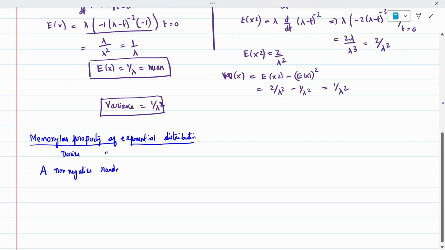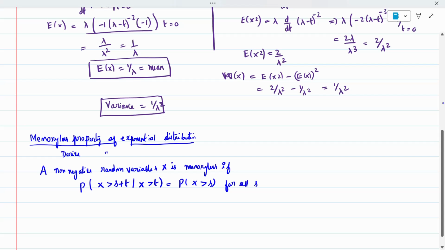So it is applicable only for a non-negative random variable; a negative variable we cannot apply it to. A non-negative random variable is memoryless if probability of X greater than s plus t, given X greater than t, equals probability of X greater than s, for all s, t greater than 0. This is our statement.